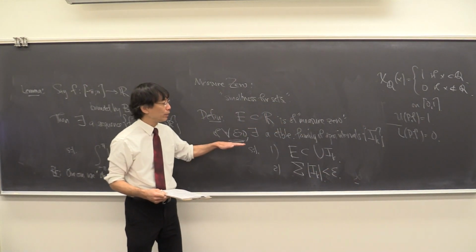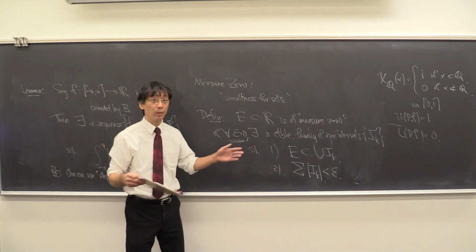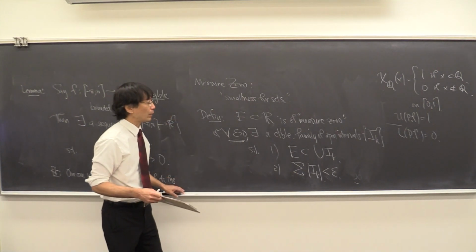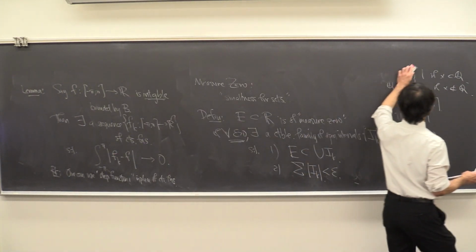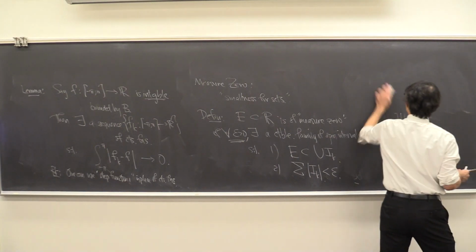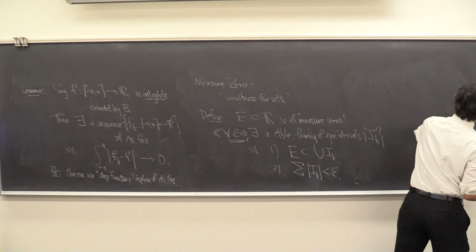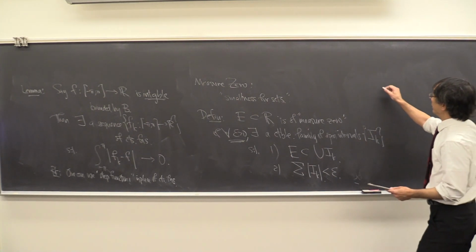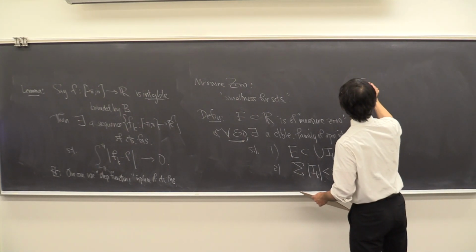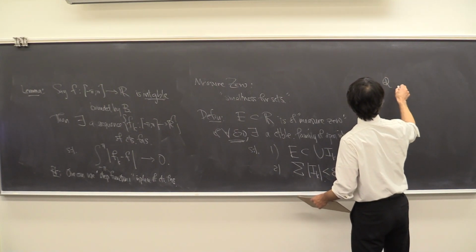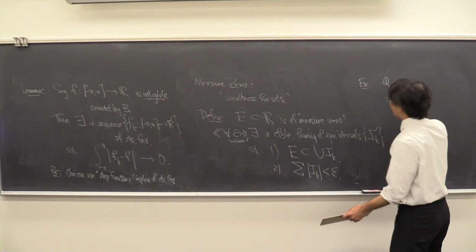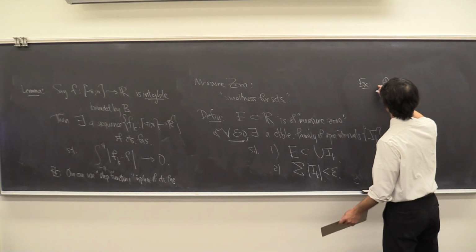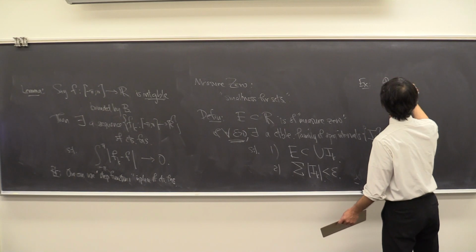So you can cover your set with an arbitrarily small family of open intervals. A set of measure zero is actually a really important idea in measure theory. To give you a simple example, any countable set is of measure zero.